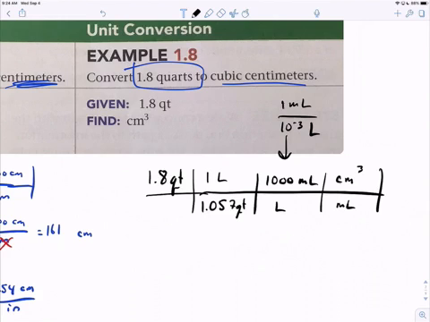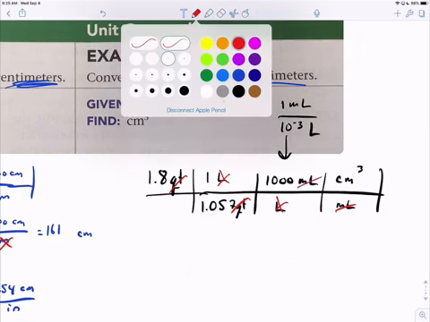I'd rather multiply than divide; I just like multiplying better than dividing myself. But anyways, doing this problem, the quarts cancel, the liters cancel, the milliliters cancel, and we're left with cubic centimeters.